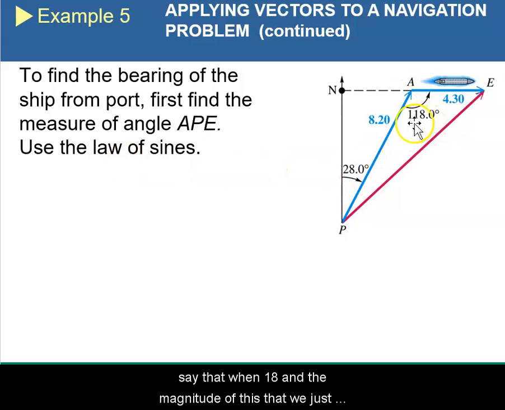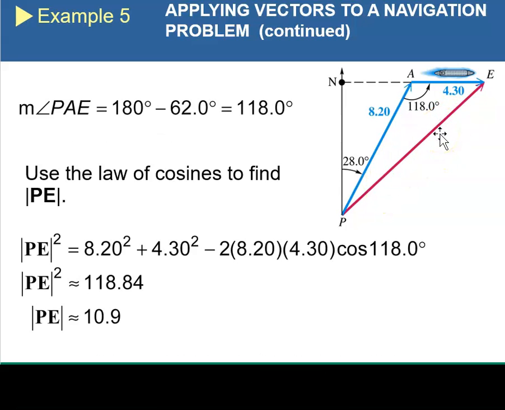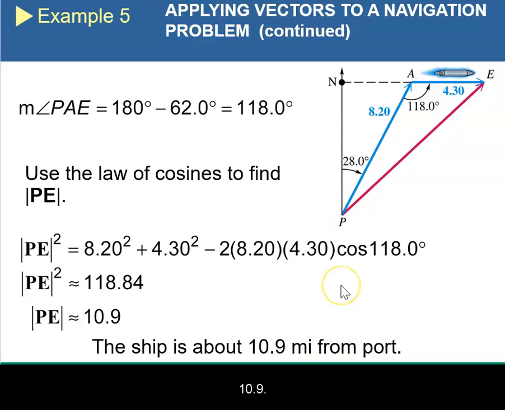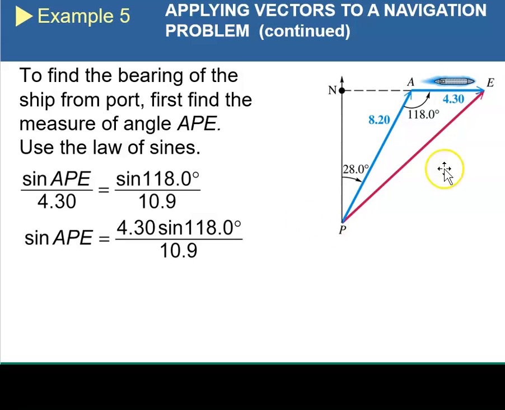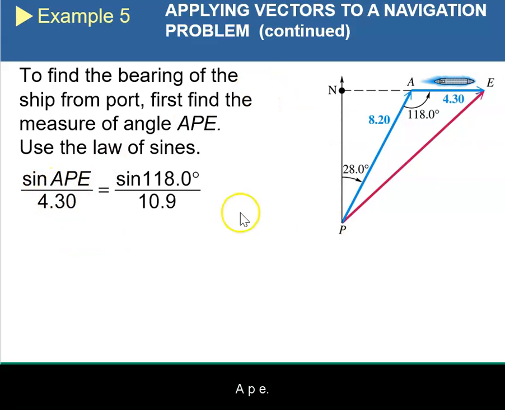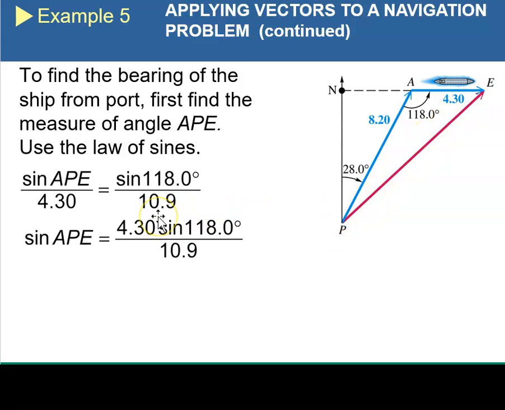So we can say that 118 and the magnitude of this that we just found, which was 10.9, is equal to 4.3 over the sine of this angle, right? Oops. So sine of APE over 4.3 is equal to sine of 118 over the magnitude of this, which is 10.9.